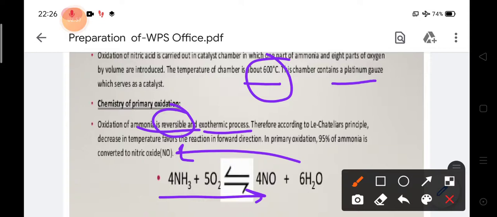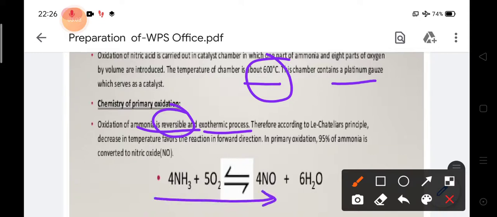Our main objective is to form NO by oxidizing NH3, so we need the forward reaction, and to do that we have to decrease the temperature. The decrease of temperature is very important here.